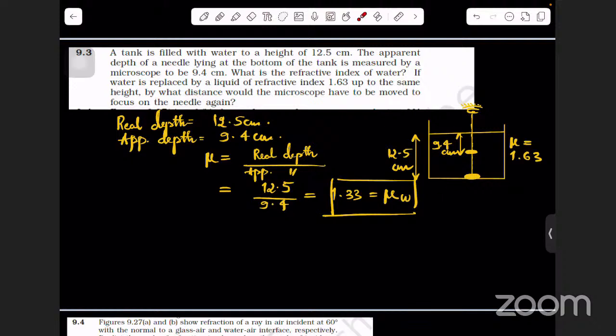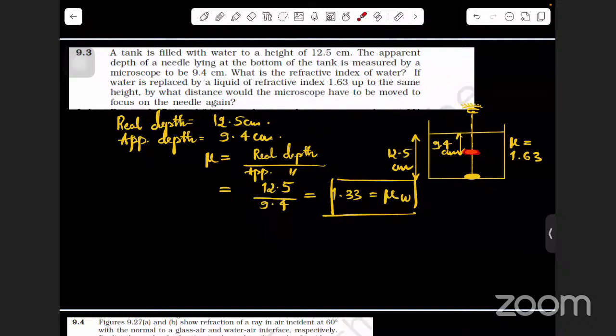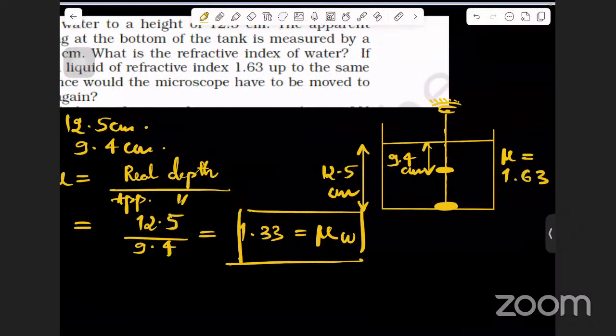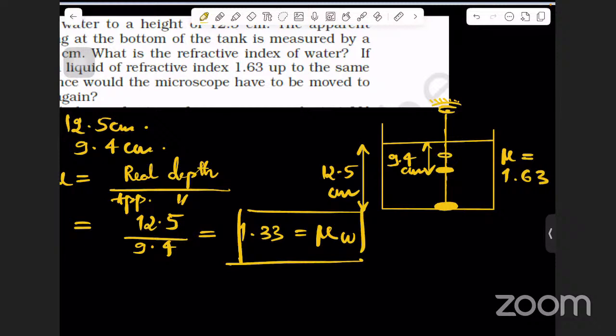We are saying that earlier the needle was appearing to be here. That means the position of the microscope was here. But if I put the new liquid, let's say the position of the needle shifts somewhere here. I don't know where. That's the new position, and for that, the microscope also has to be shifted to a new position, right?